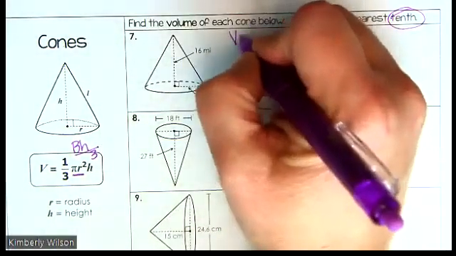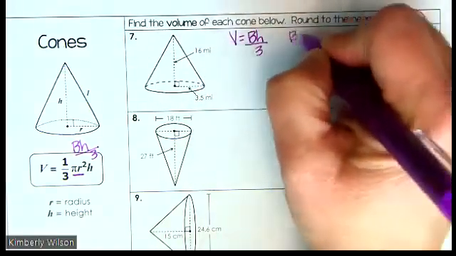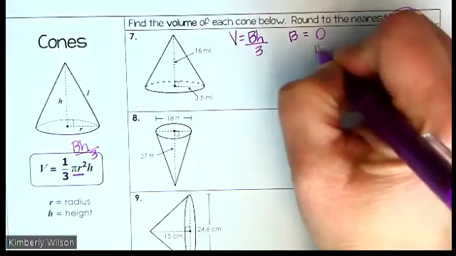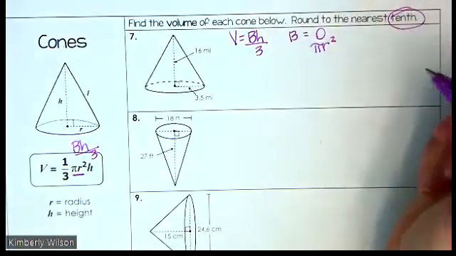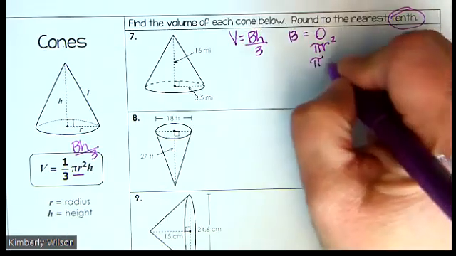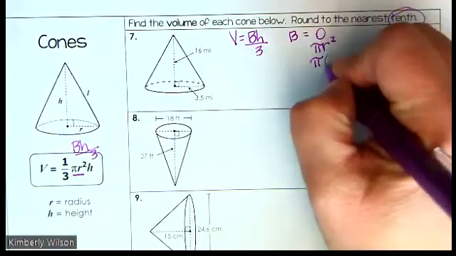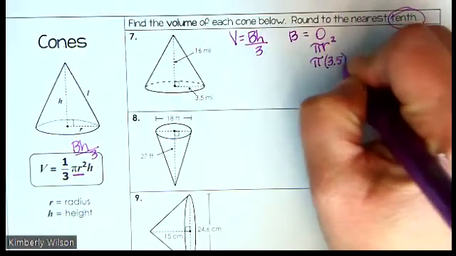So we have capital V equals capital B times H divided by 3. My base shape is a circle, so that's pi r squared. So I have pi times, well, what's my radius in here? 3.5 times 3.5 squared.